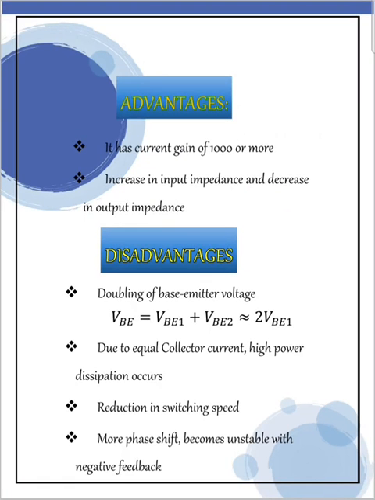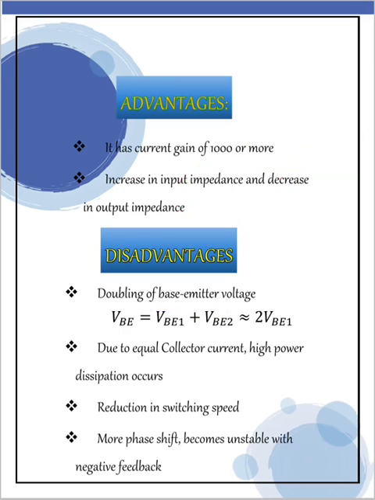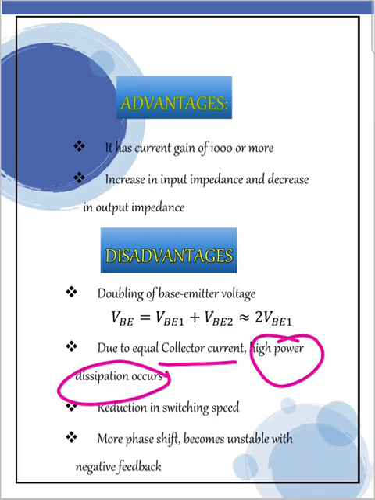The disadvantage of Darlington pair is doubling of emitter base voltage, that is, the emitter base voltage is doubled. Another drawback is that if the collector currents are the same, the power dissipated is higher, and due to the increased low output level, it can cause trouble when TTL logic circuits are used.